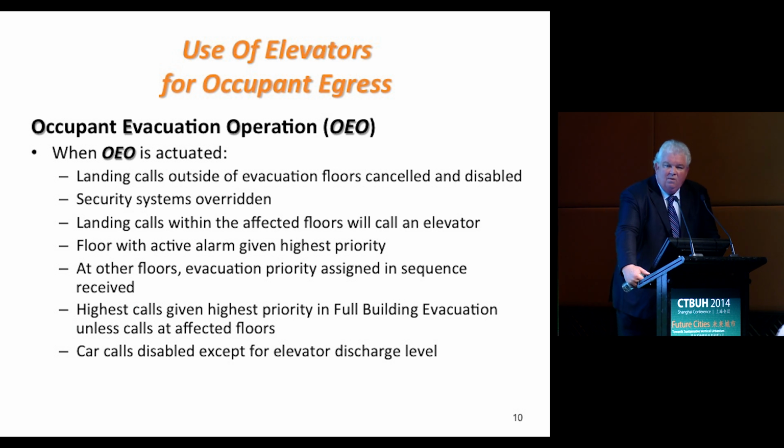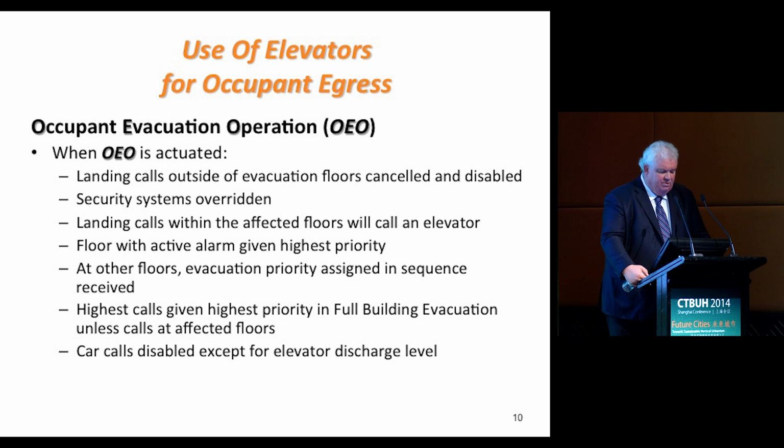So specifically then, what happens when occupant evacuation operation is activated? All of the landing calls are canceled and disabled. All the security systems are overridden. Only the landing calls within the affected floors will call an elevator. The floor with the active alarm is given the highest priority.